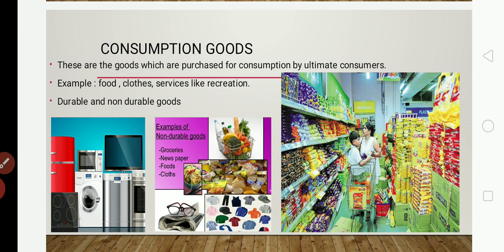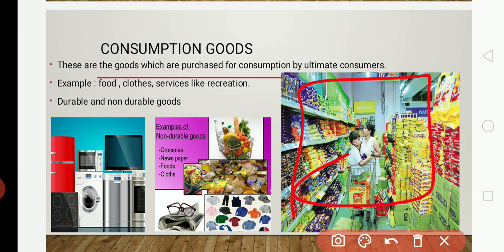That is consumption. I want to buy bread or whatever. Here I have mentioned some of the commodities. These goods are called consumer goods, which are used by the consumer for consumption purposes. If I am purchasing goods for consumption, such goods are called consumer goods.